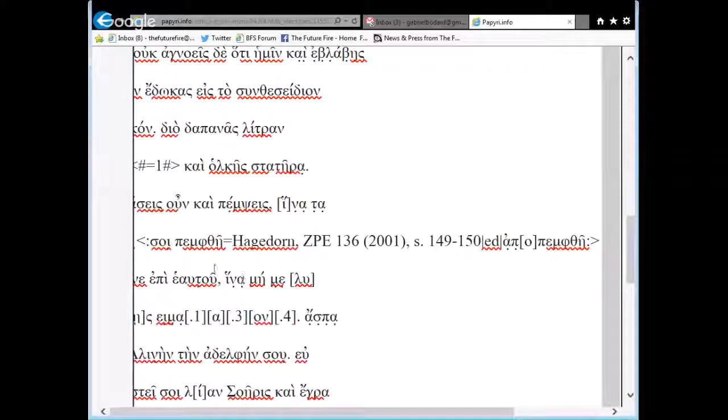So I've said soy pempfair, from Hagedorn ZPE 136, 2001, 149 to 150, editorial correction, and there's the old reading on the right-hand side of that. Okay, and you can see that's the same construction as I created a little bit earlier.